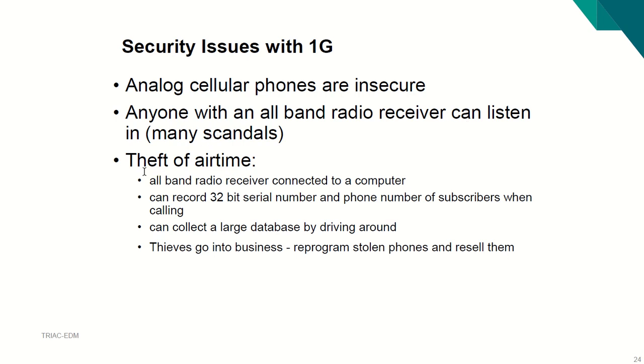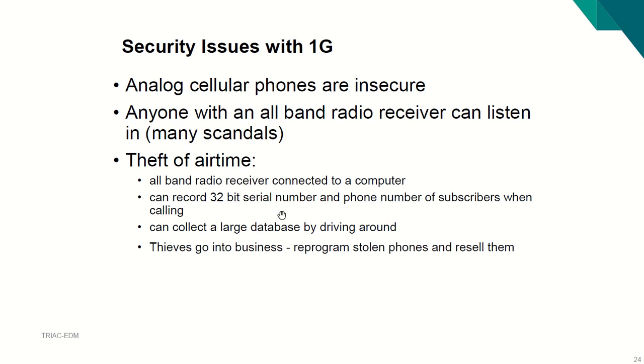And also type of airtime. An open radio receiver connected to a computer can record the 32-bit serial number and phone number of subscribers when calling. So once it's recorded, they can even drive around and collect a lot of serial numbers, and then reprogram the phone and resell them.